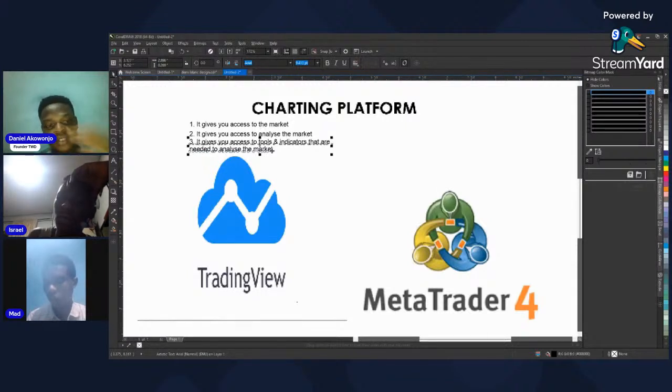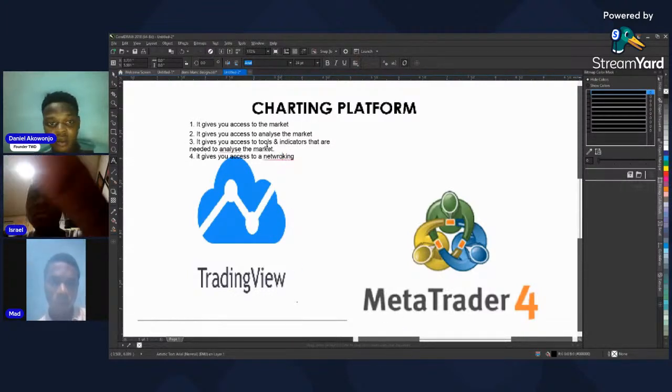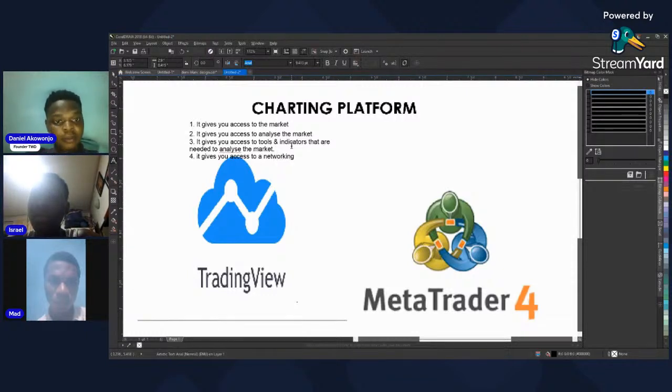It also gives you access to a networking platform, which we mentioned as well, where you can easily have conversations with traders and like minds.